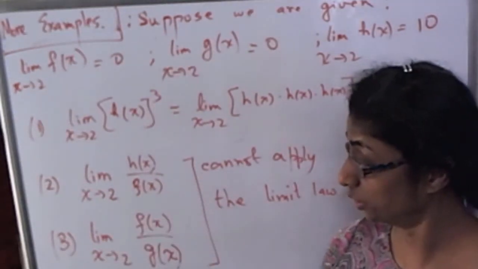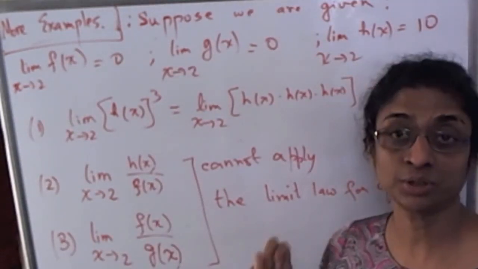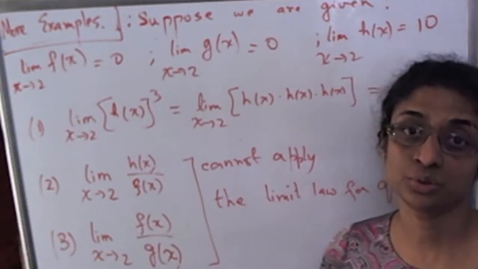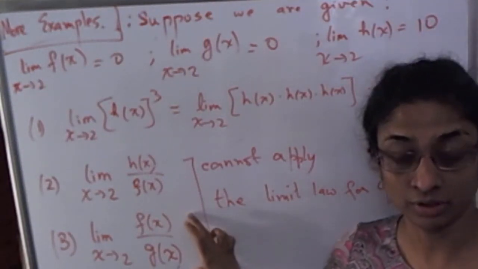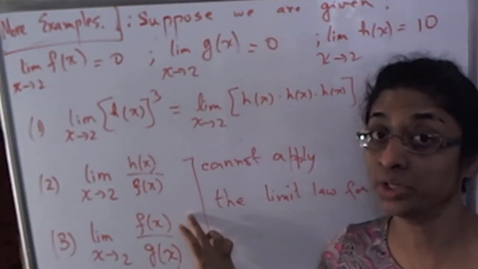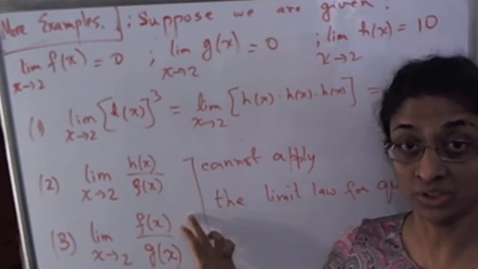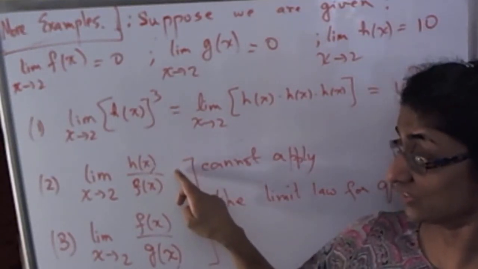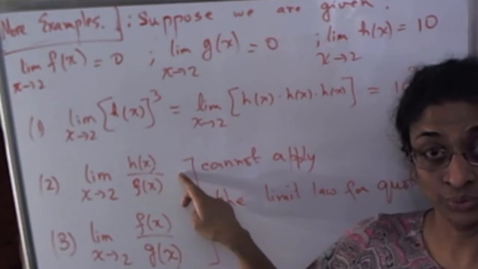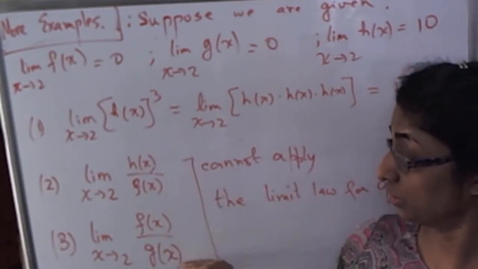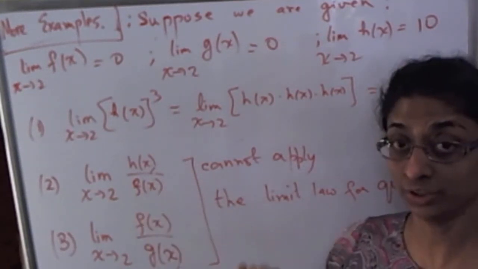And for this scenario, you'll see that we'll need to do some algebraic manipulations or use some other tools to figure out this kind of a limit. Right away, we are not able to conclude this limit does not exist, as I said would be the case for number 2. So we'll postpone number 2 and number 3 type of problems for another video.